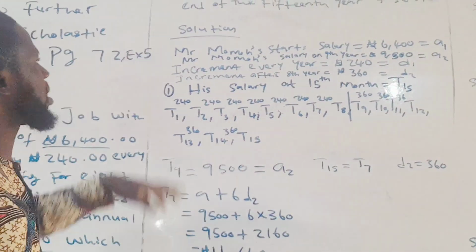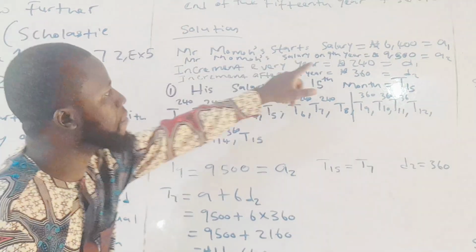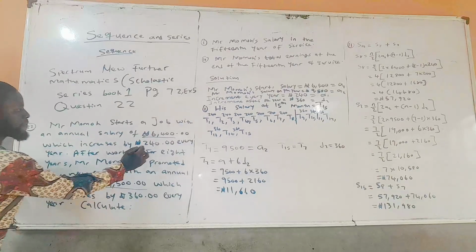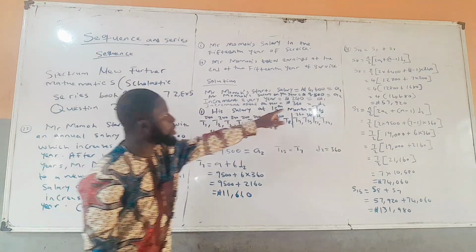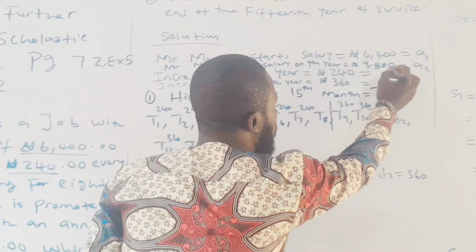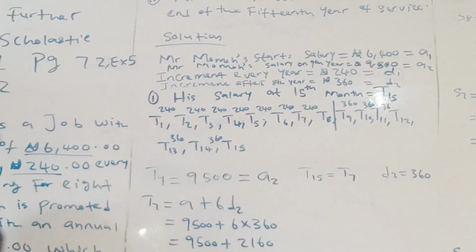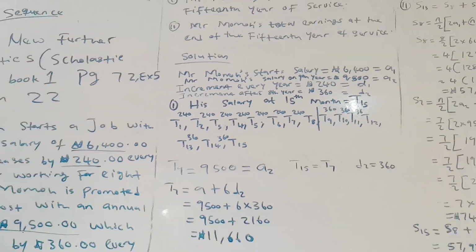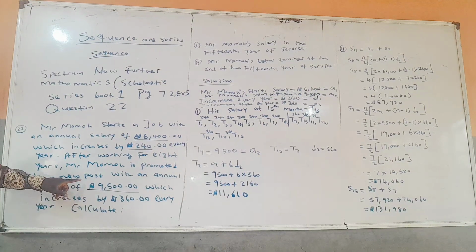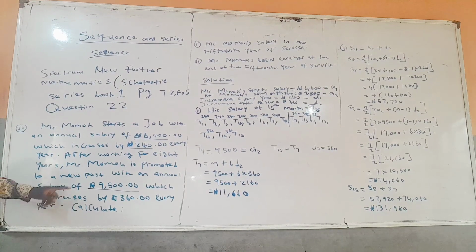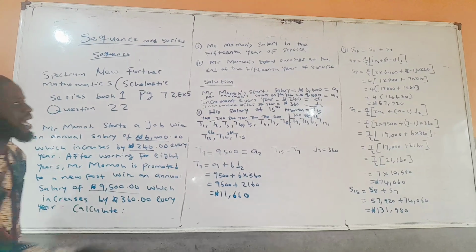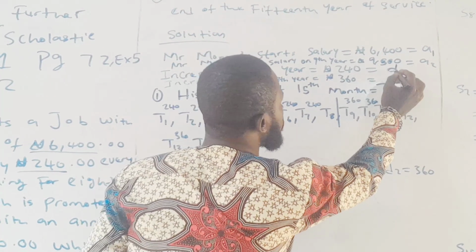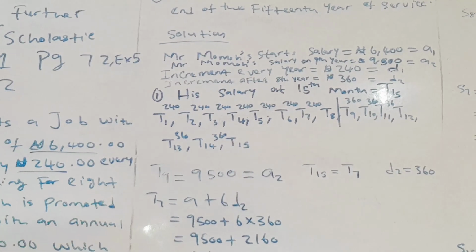I will explain the reason why it's A2. The increment every year for the first period is going to be your common difference, which I call D1. Then the increment after the 8th year, which they said increases by 360, that's going to be your D2, the second common difference.